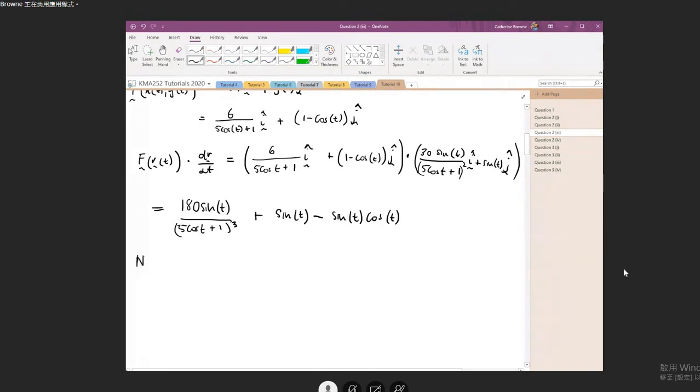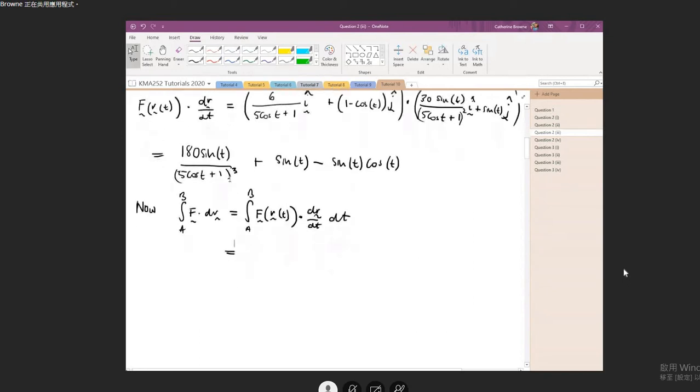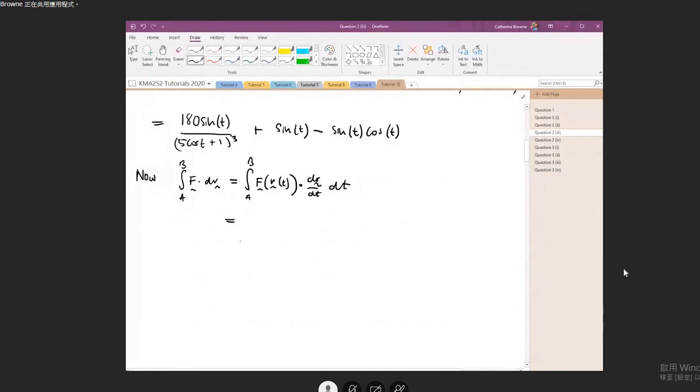And so now our integral that we're looking for, we just want to integrate what we found here, this f dot dr dt, from t is equal to 0 to t is equal to pi on 2.